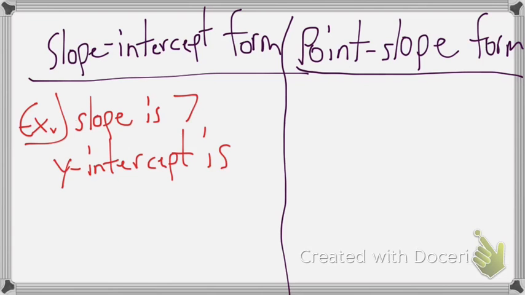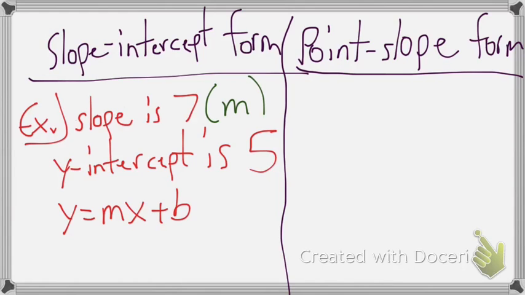Cool. So the y-intercept is 5, and you're going to have to write the equation. Remember, it's y equals mx plus b. You just have to remember that m is the slope, and b is the y-intercept. So we're just subbing it in.